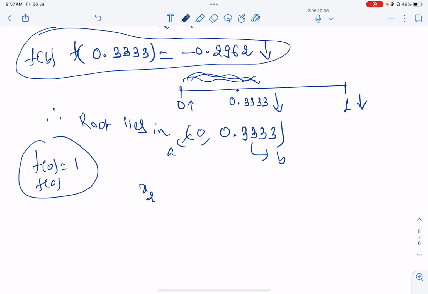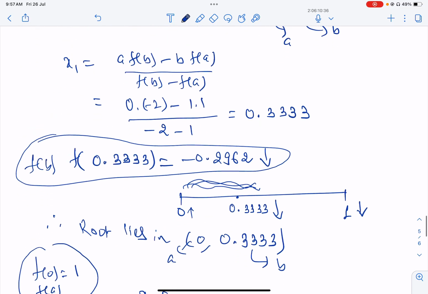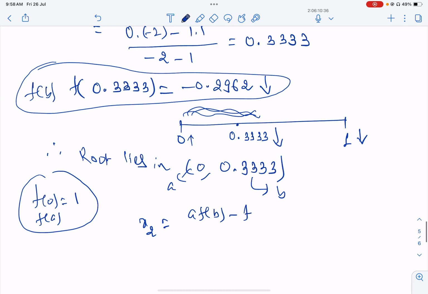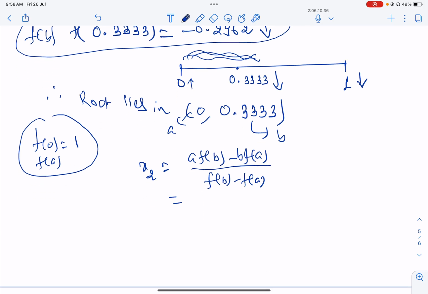It is x2, and x2 is again the same formula, (A f(B) minus B f(A)) over (f(B) minus f(A)).